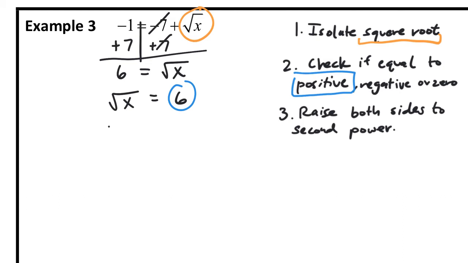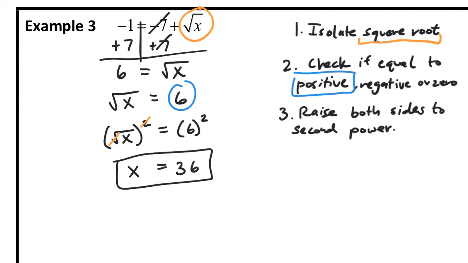So that's going to give me the square root of x to the second power, 6 to the second power. Then what happens again on the left side, the square root cancels with the square. That leaves me with x equals 6 times 6, 36. That's it. Step 4 just says solve the equation, but that's all I would do.